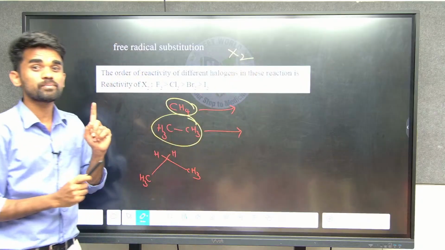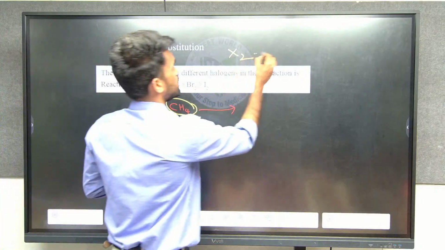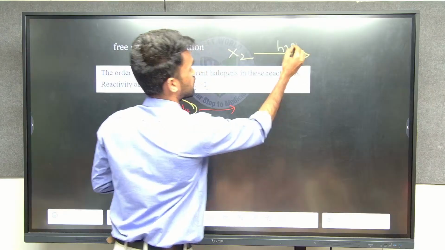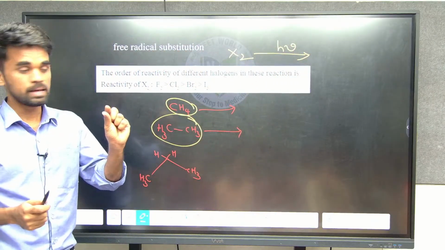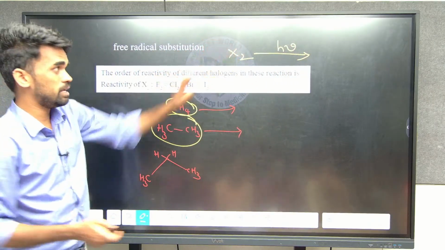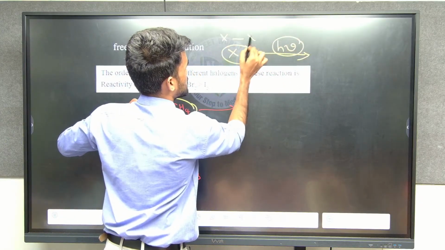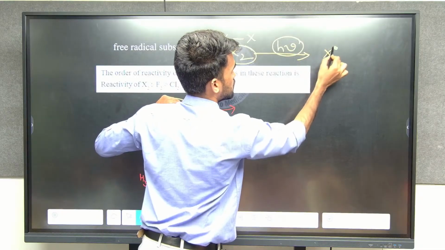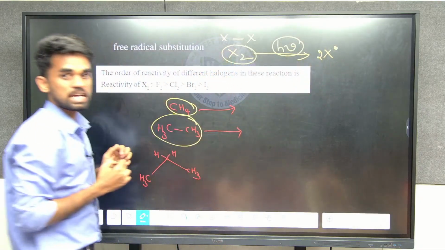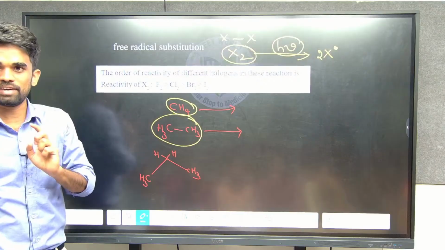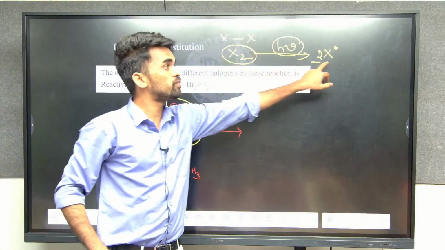With what I am treating? Halogens. So during this reaction I will use sunlight or frequency. They will mention like that. It means what happens, this sunlight will break this like XX molecules into X radicals. It means what type of cleavage is taking place? Homolytic cleavage. Homolytic cleavage gives you free radicals.